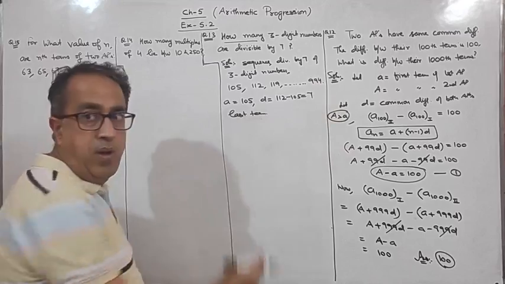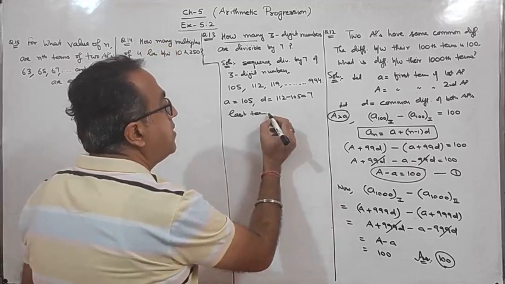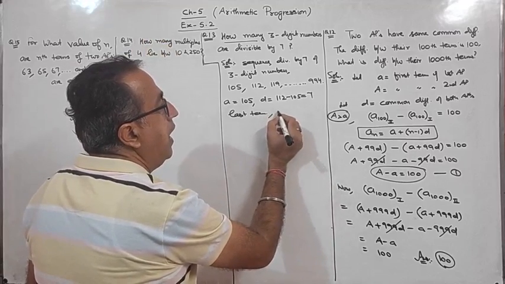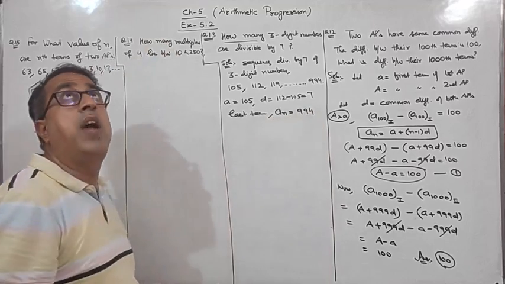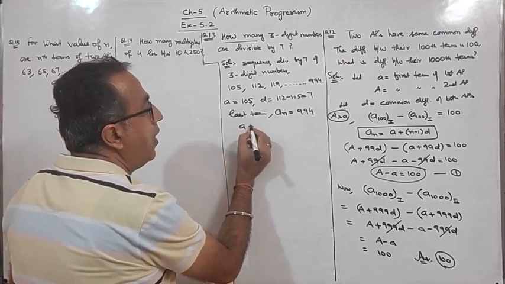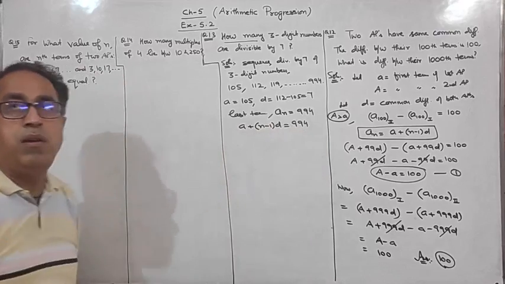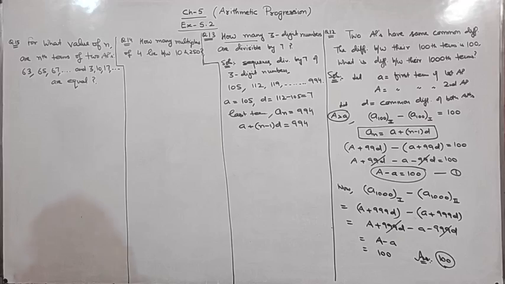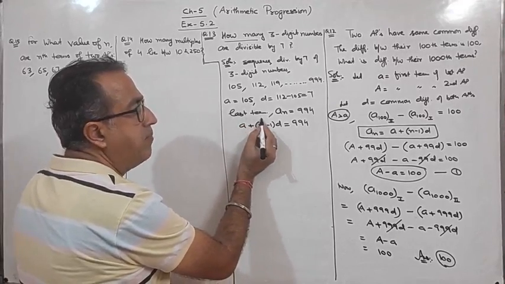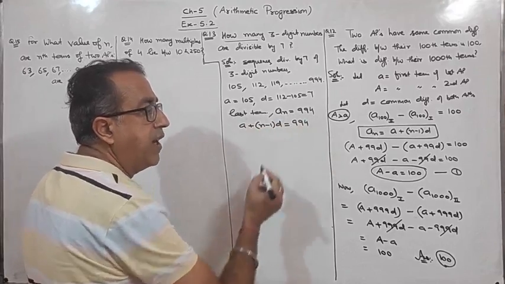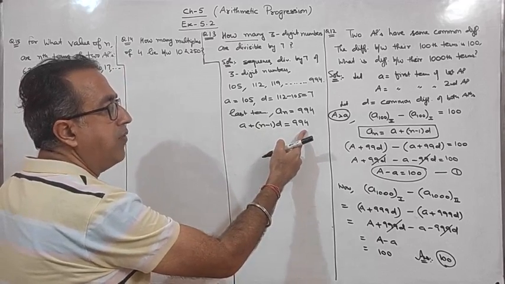Let the nth term be the last term. So an is 994. A plus n minus 1 into d is 994.